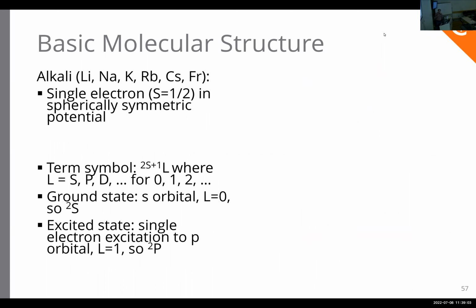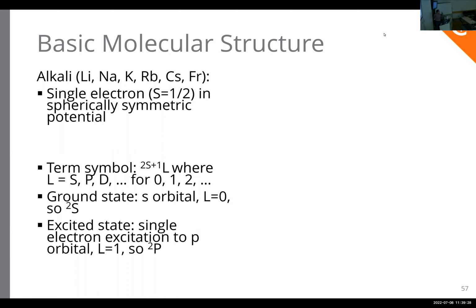In case you forgot, I know you all remember your term symbol notation because it's the most important thing in your life. But just in case: alkali atoms are first column atoms. They have 1 valence electron in an S shell, a single electron with spin 1/2 in a spherically symmetric potential.